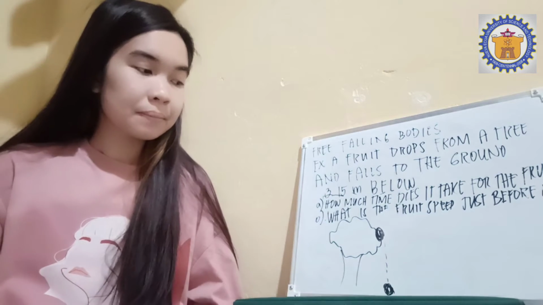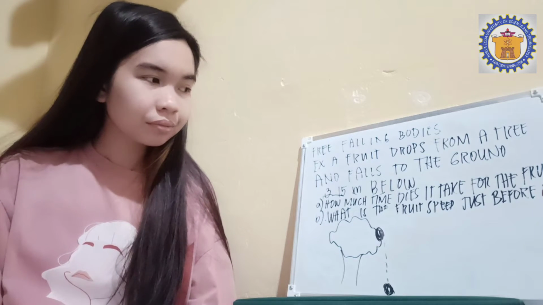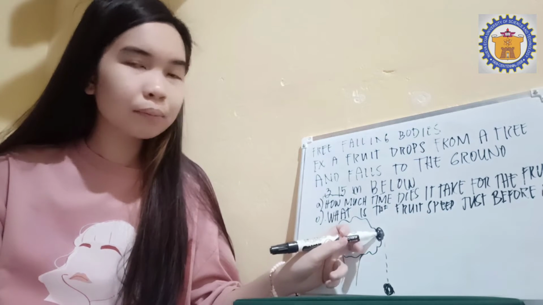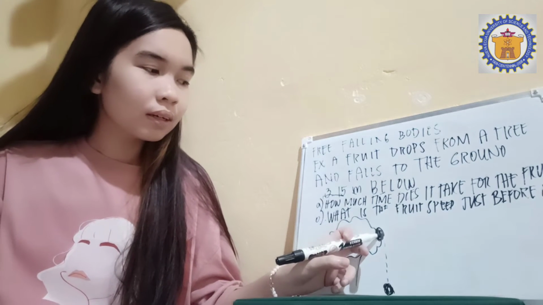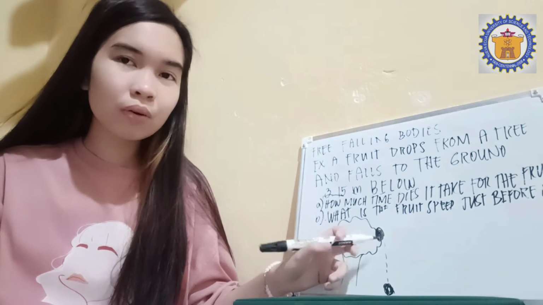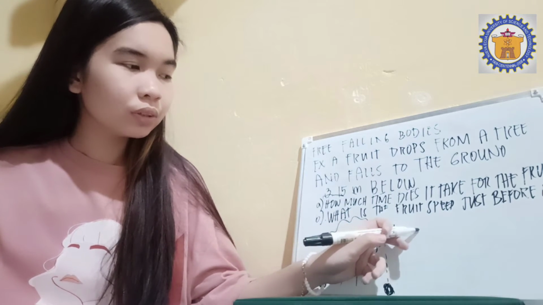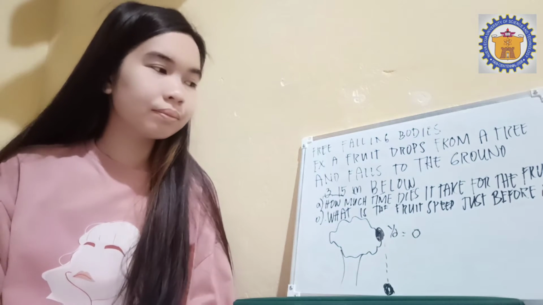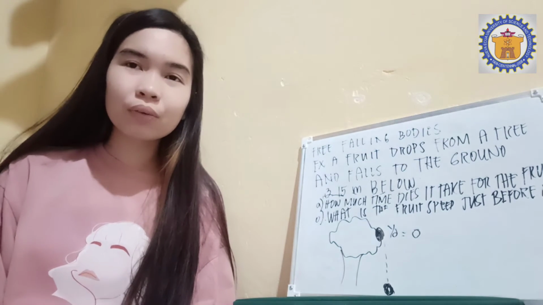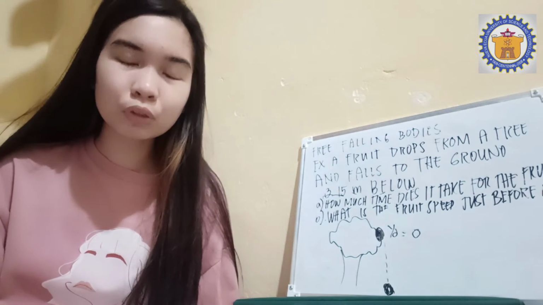Since ang starting position ni fruit is ito, dito siya nagsimula mahulog, it only means na ito ngayon yung ating y sub 0, which is equals to 0. And siya yung naging y sub 0 natin kasi we're in vertical motion in free fall.